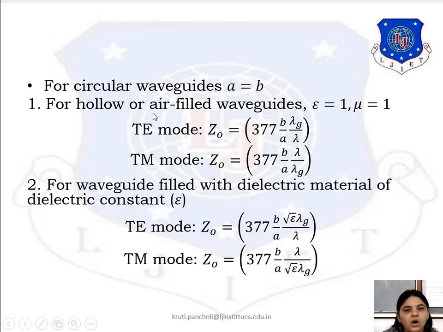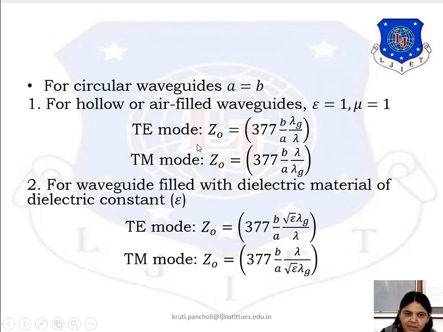For a hollow or air-filled waveguide, epsilon is equal to 1 and mu is equal to 1. So the TE mode Z0 equation is 377 b upon a, lambda g by lambda. For the TM mode, it is 377 b by a, the reverse, lambda upon lambda g.